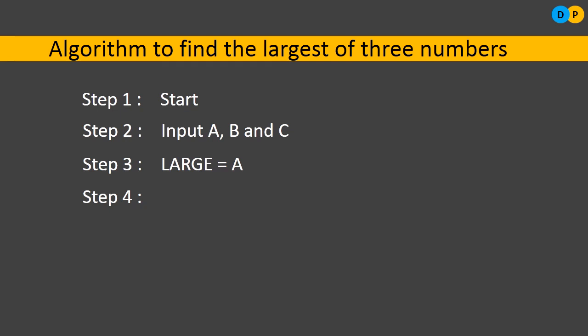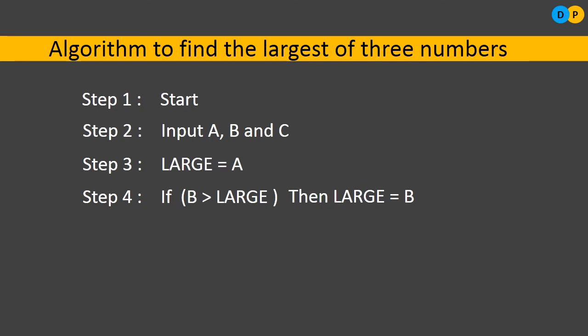For comparing, we will be using a particular structure called the if condition. If B greater than large, we are comparing two numbers now. Already in large we have stored the value of A, and now we are comparing A and B. If B is greater than large, then obviously there will be a new large value.